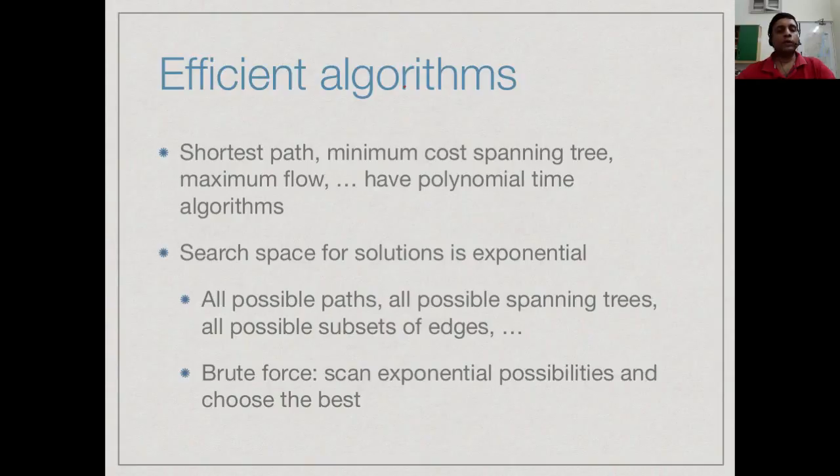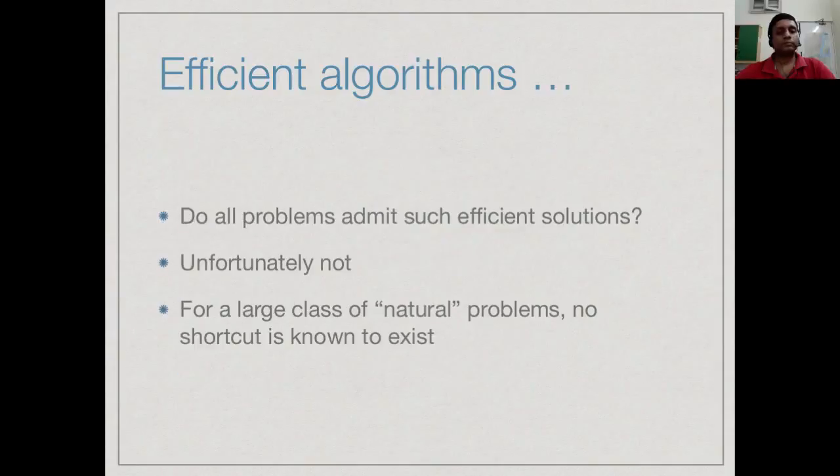When we have a polynomial time algorithm, we are actually cutting through this exponential in some very drastic way, reducing our search space from an exponential one to a polynomial one. So it is tempting to believe that if one just thinks long enough and hard enough, we will always find such an efficient shortcut, where we can cut through the exponential space of possibilities and quickly narrow down the space to a polynomial number of realistic ones from which the actual solution we want will emerge.